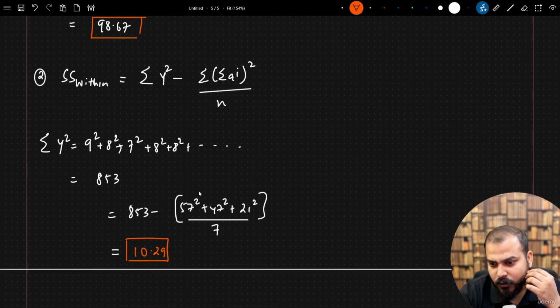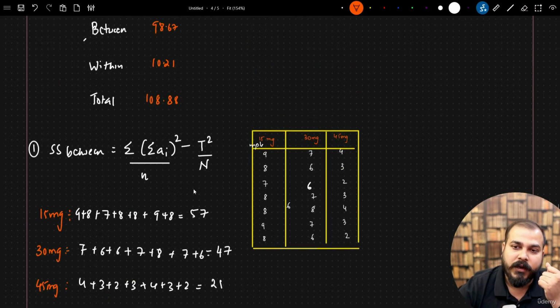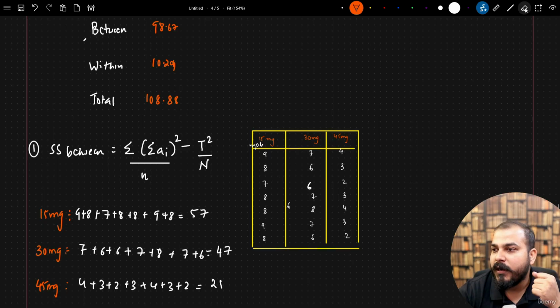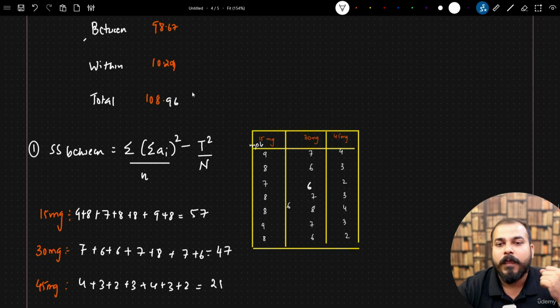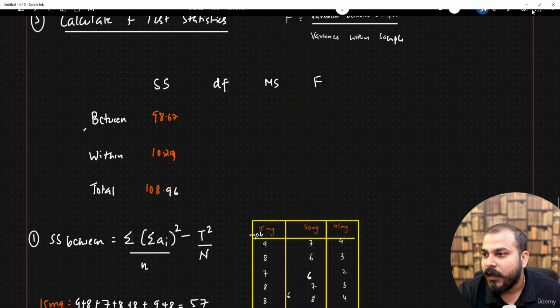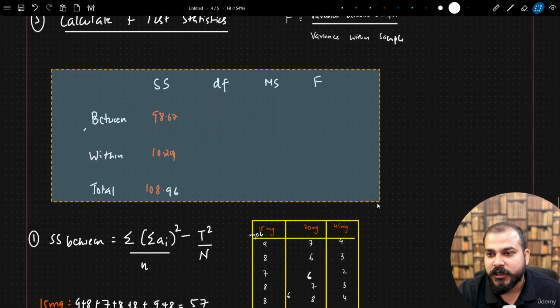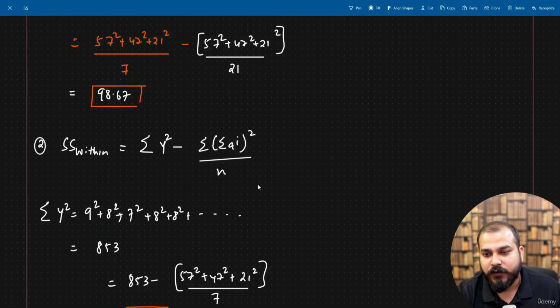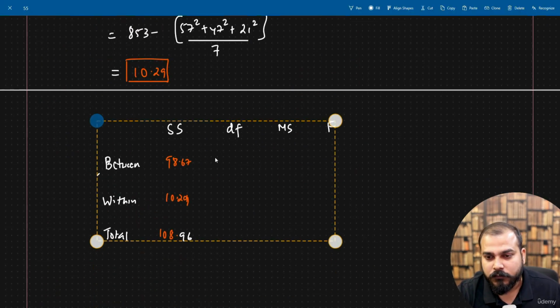So that is 10.21 or 29, sorry. So 10.29, so this will be 188.95 or 96. What I will do is copy this entire thing and paste it downwards, so it will be easy for me to write it over here.